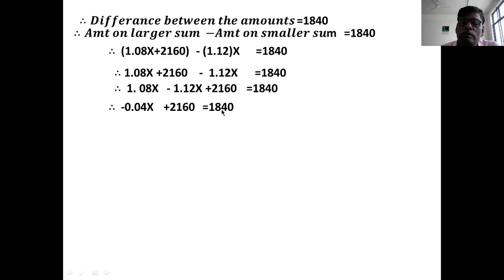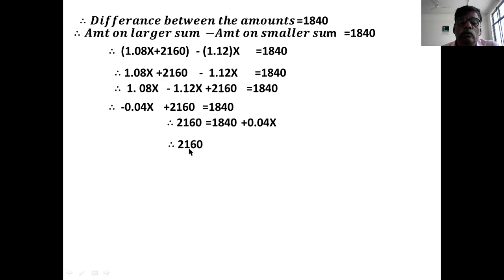And 1840, the smaller value, you take on the left hand side. So your next step is 2160 is equal to plus 0.04x. Okay, in detail I am telling you.